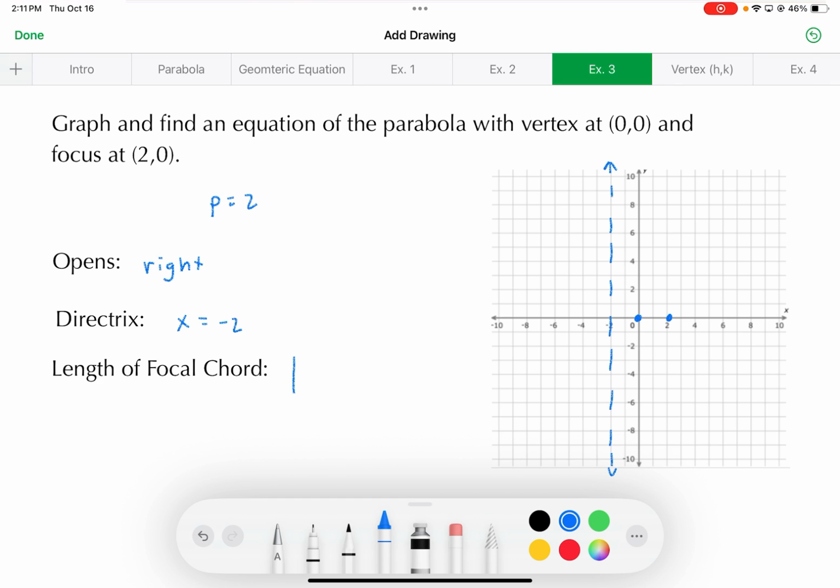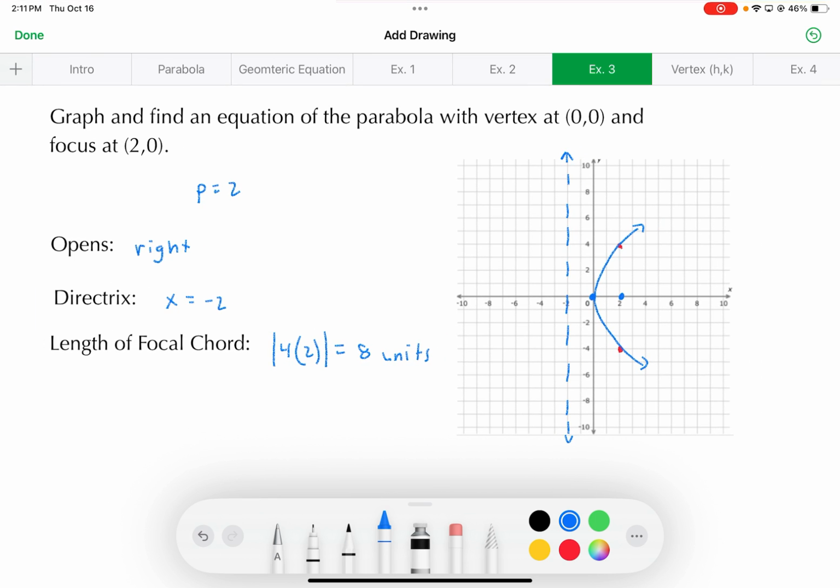Focal chord, absolute value of 4 times our p-value of 2. So that's just going to be 8 units. So from the focus, cut that in half, go up 4, go down 4. Here's the parabola. Okay, so we just need to make the equation for this.